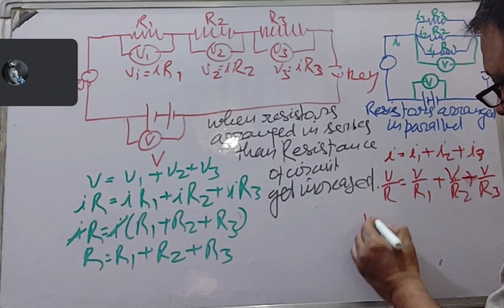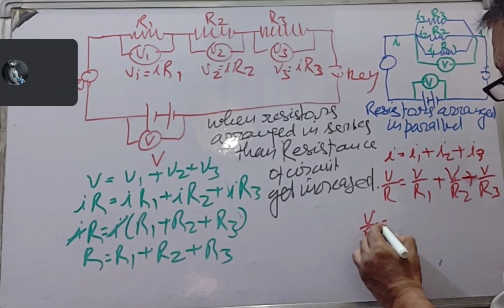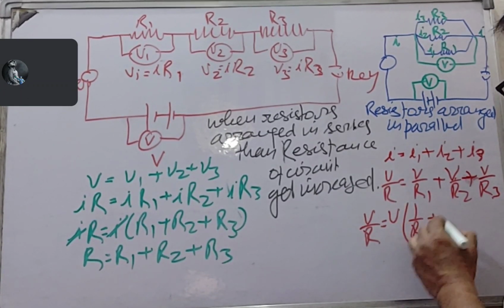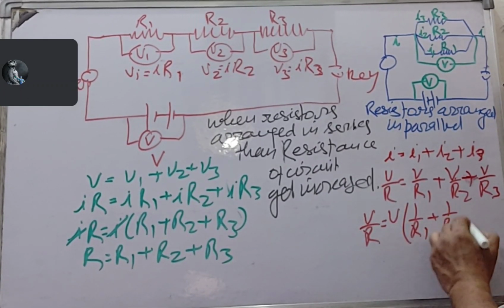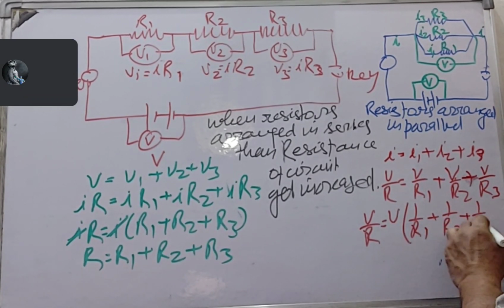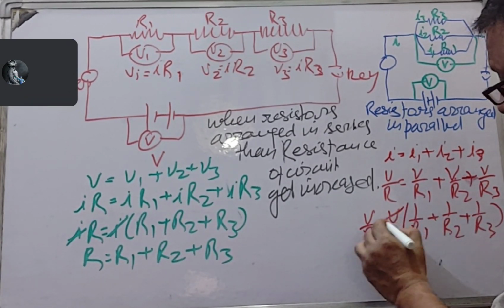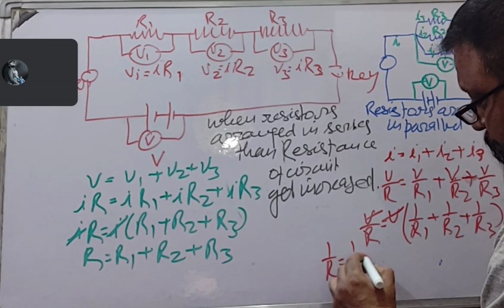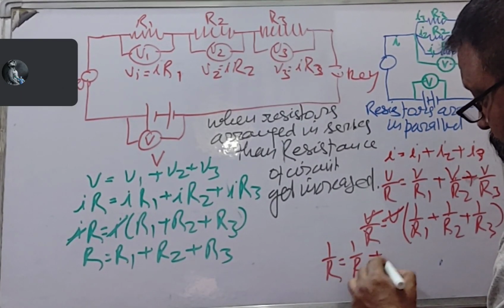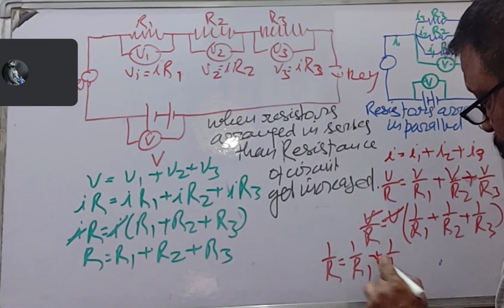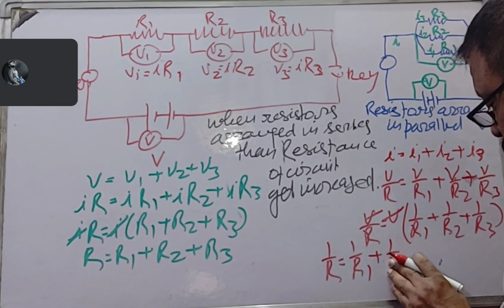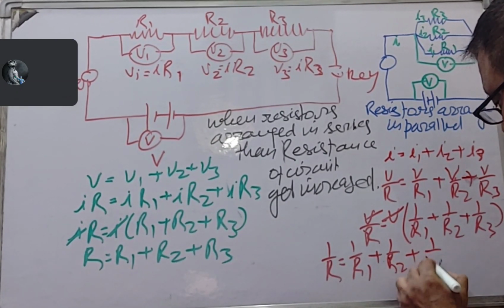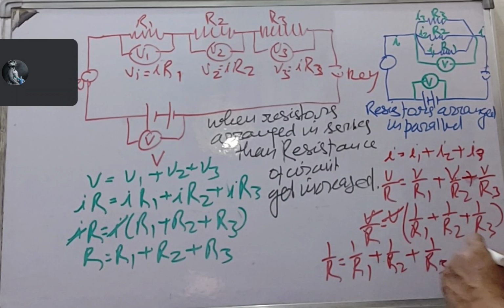V we have taken as common, so it becomes 1 upon R1 plus 1 upon R2 plus 1 upon R3. So this V and V cancel, so 1 upon R is equal to 1 upon R1 plus 1 upon R2 plus 1 upon R3. Getting?